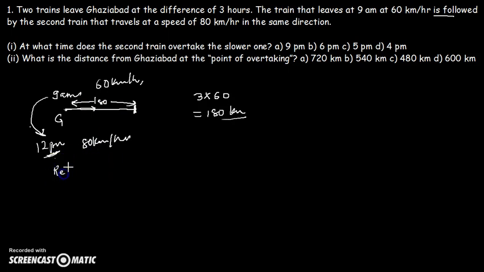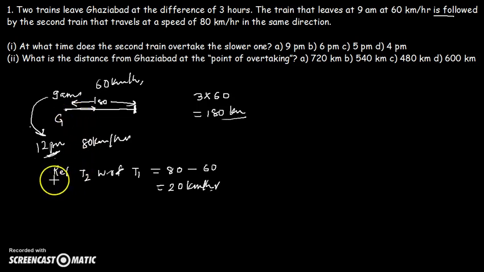So if you speak about the relative speed of train 2 with respect to train 1, this will be 80 km minus 60 km, that is equal to 20 km per hour. Since train T1 is also traveling and T2 is also traveling, we can imagine T1 to be stopped here. Okay, and only T2 to be traveling.